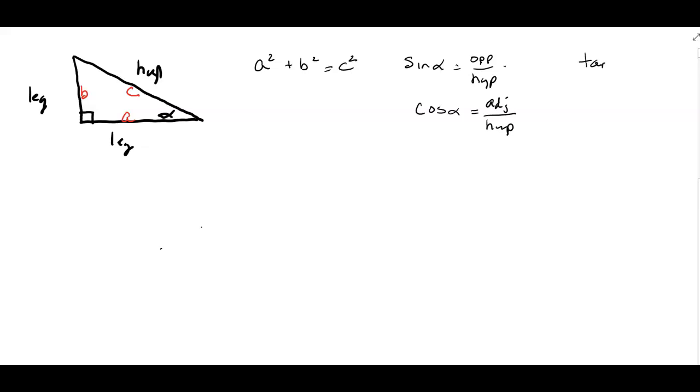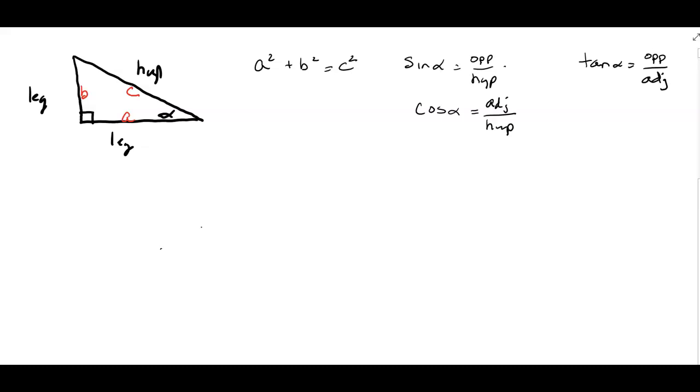And tan is opposite over adjacent. And of course you also have the reciprocals of those functions. So don't forget, cosecant is your reciprocal of sine, secant is your reciprocal of cosine, and cotan is your reciprocal of tangent.